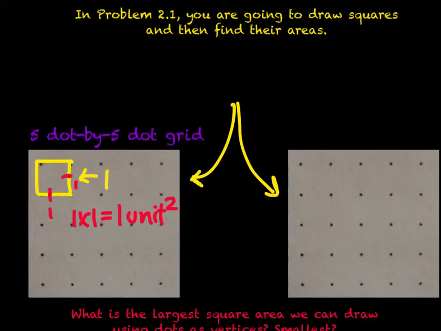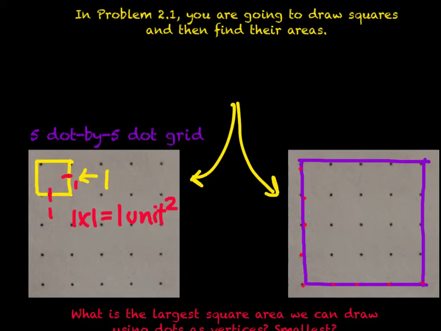I'm going to draw a couple of the most obvious ones. Here's another square that I could potentially draw. And remember, this is 5 by 5 dot grid paper. So in other words, we have 5 dots along the bottom of that grid paper and 5 dots up. And no squares that we're going to make are going to be bigger than 5 by 5 when it comes to the dots. So here's another square.